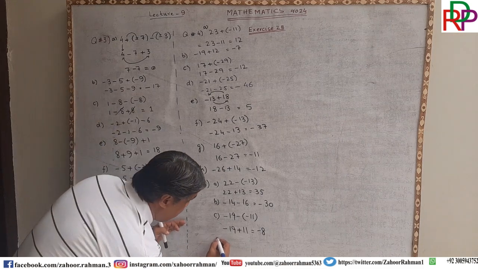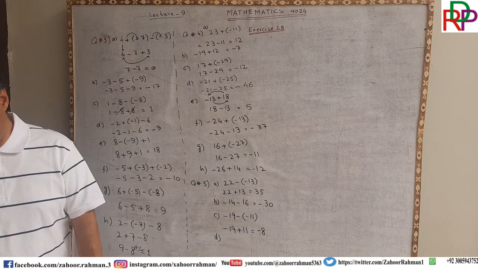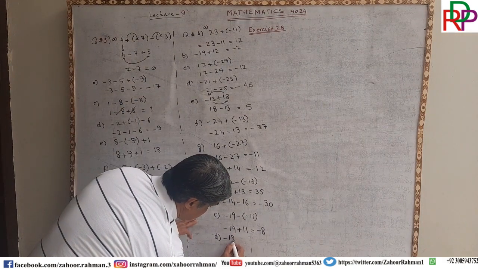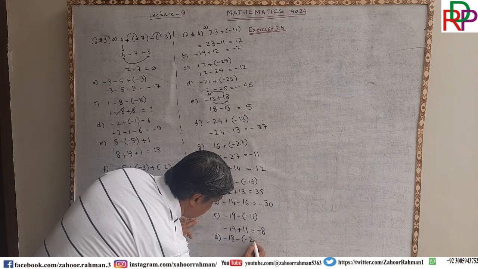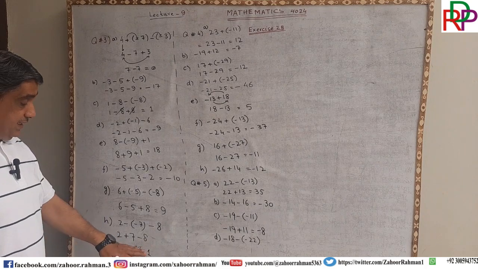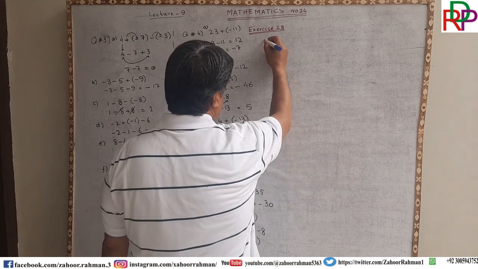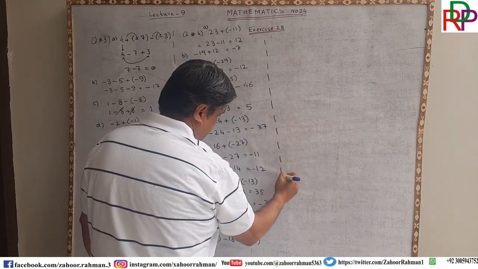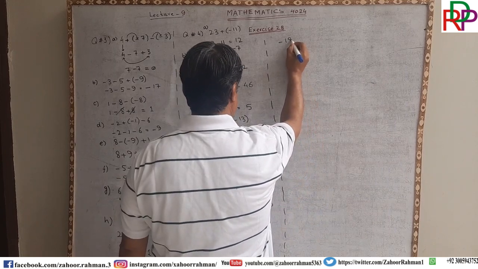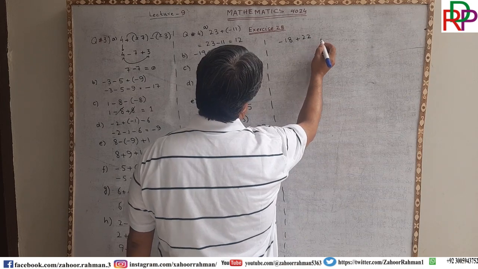Similarly, we are going to do the D part, and the D part is saying minus 18 minus 22. So in this case, we are going to write minus 18 and plus 22.